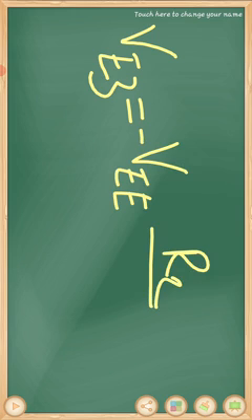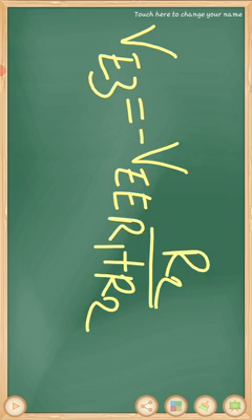Then this equation is derived: VE3 is equal to minus VEE R2 upon R1 plus R2 minus VBE3.